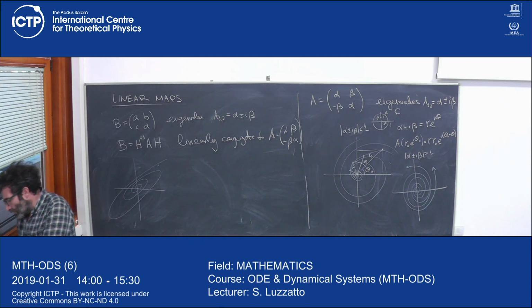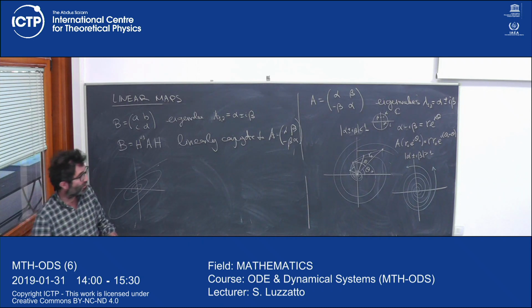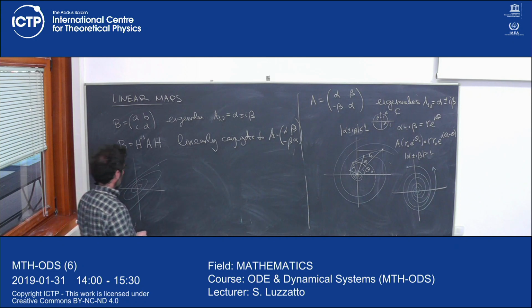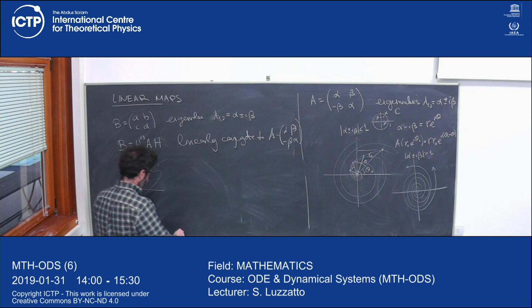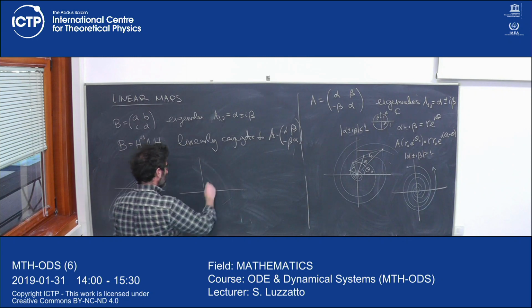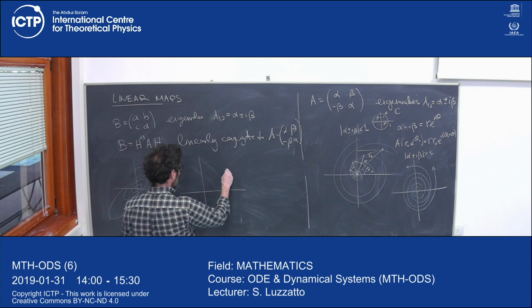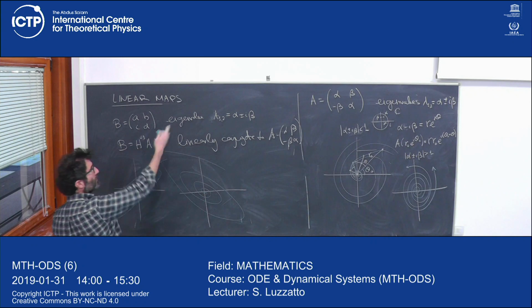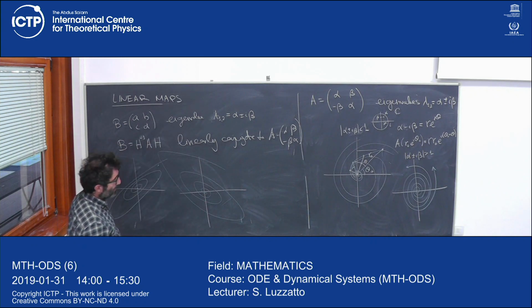So again, our problem is that of topological conjugacy. The question is: is this map topologically conjugate to this map? Some other spiral has some different maps.